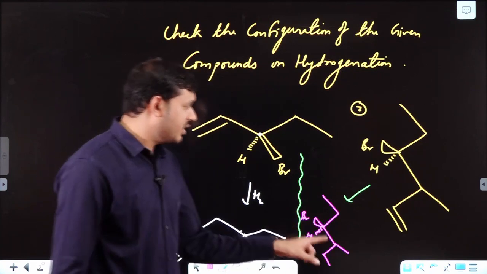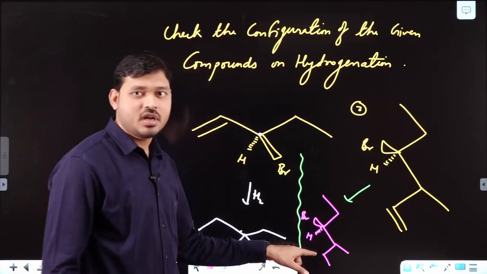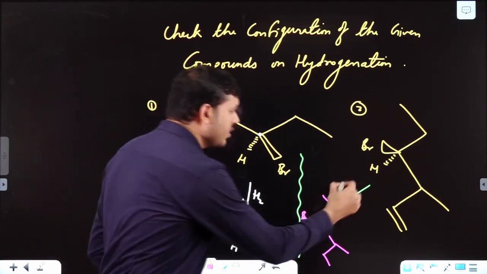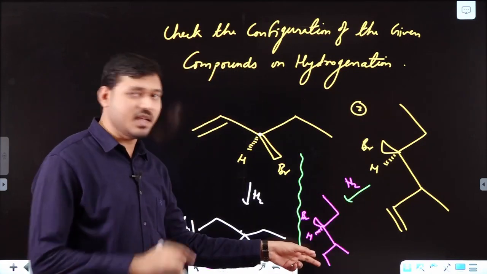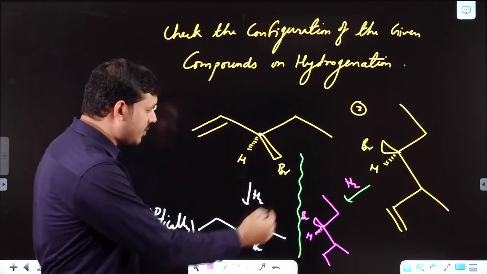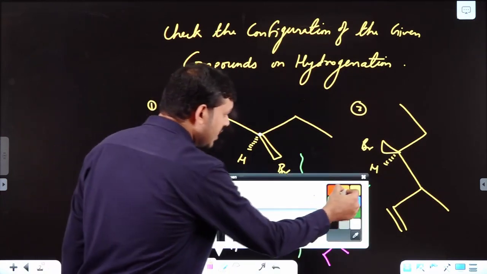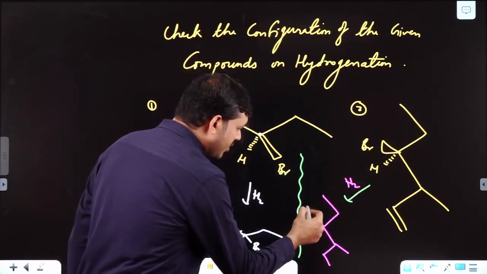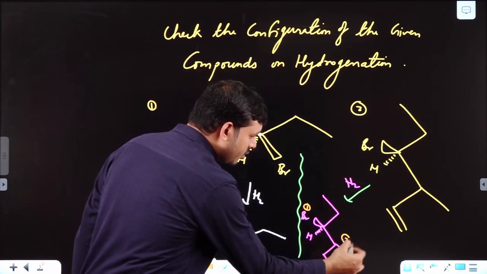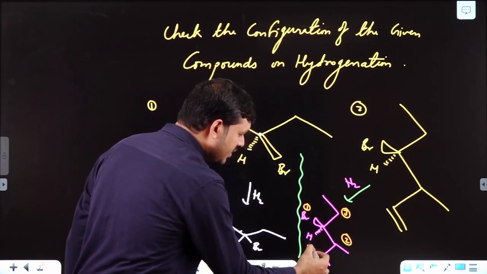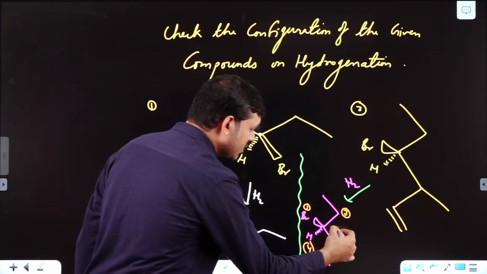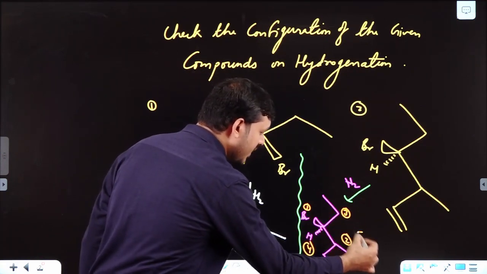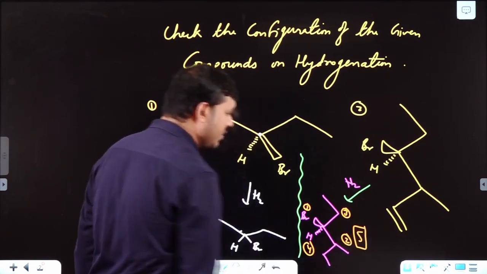Now this part was double bonded, now it will become single bonded. How? You have given H2 here, hydrogenation, addition of hydrogen; the alkene becomes an alkane. Now you have to check the RS configuration in this part. Bromine will be 1, this part is 2, this ethyl is 3, and hydrogen is 4. From 1, 2, 3 it is anti-clockwise, so the configuration will be S. Clear to you?